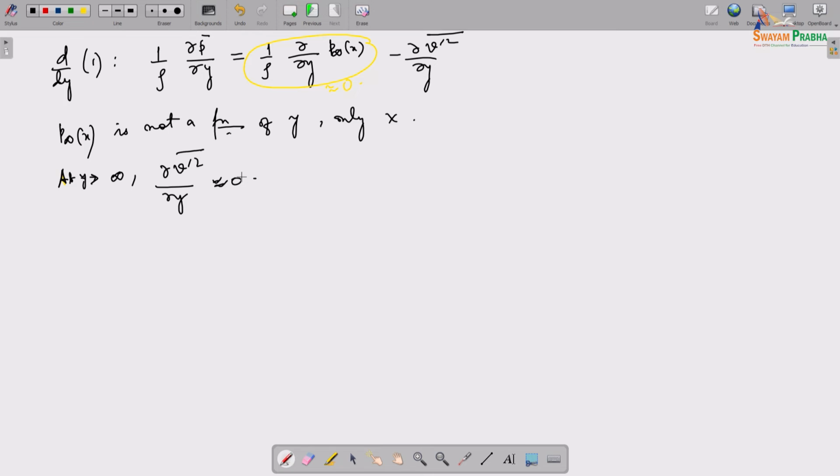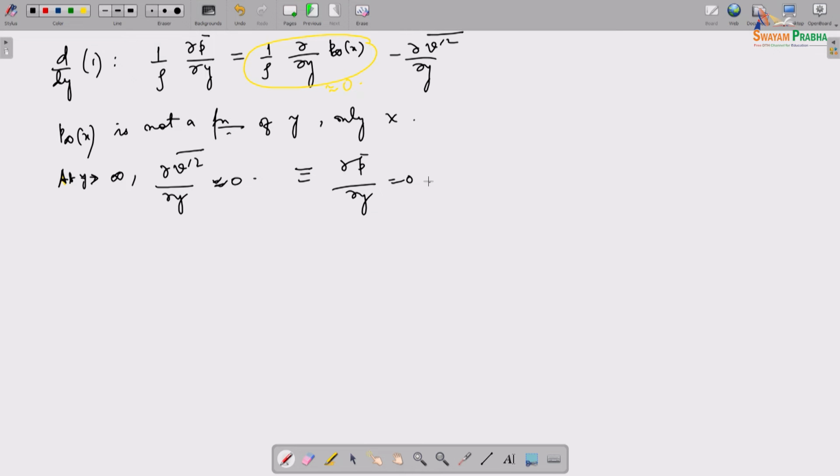So essentially, the gradient of pressure in the y direction is 0.